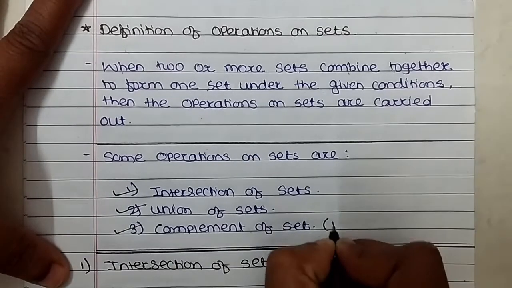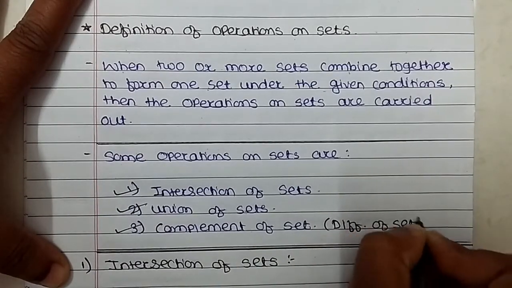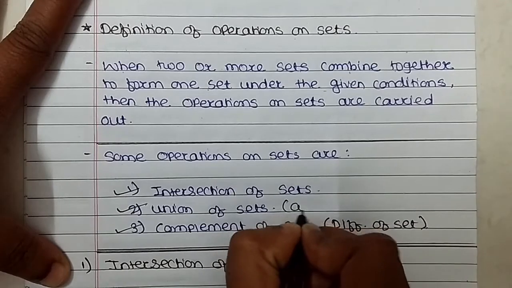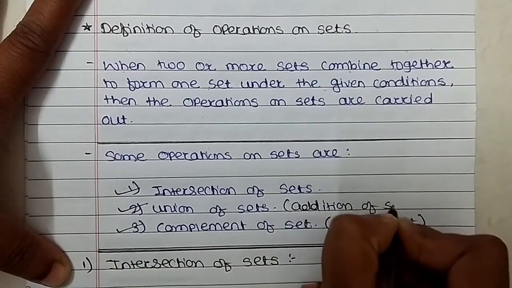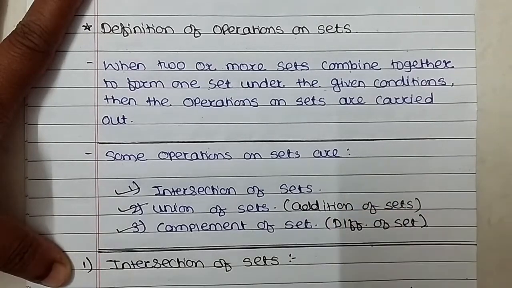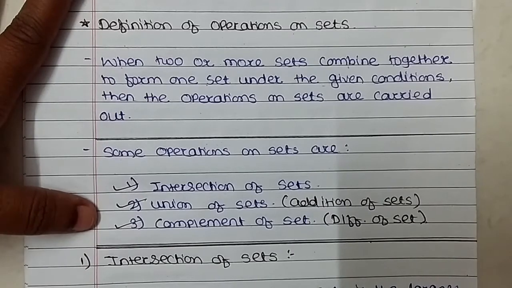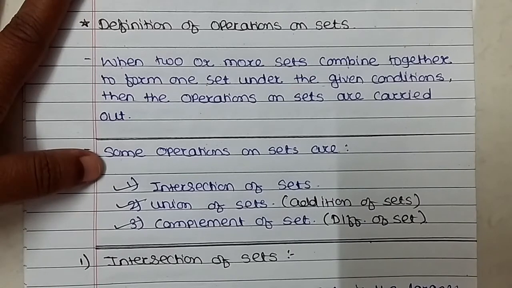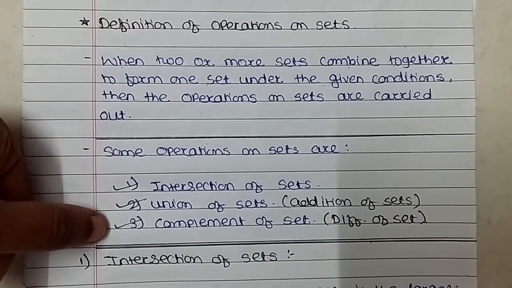Union means addition of sets: we want to add two sets. Complement of a set means we want to calculate the difference of the sets. And intersection of sets. We will discuss these operations in detail one by one.